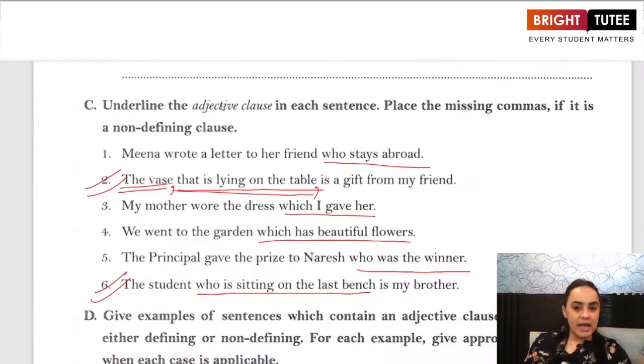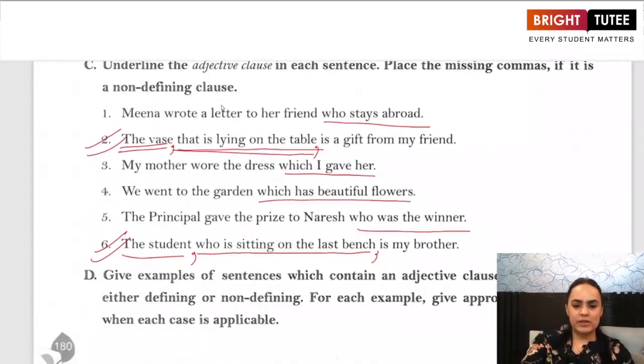What is my adjective clause defining? The student, which is its antecedent. So it is clearly defining the antecedent, and we separate the adjective clause using a comma. So this is how we are going to work upon the adjective clauses.